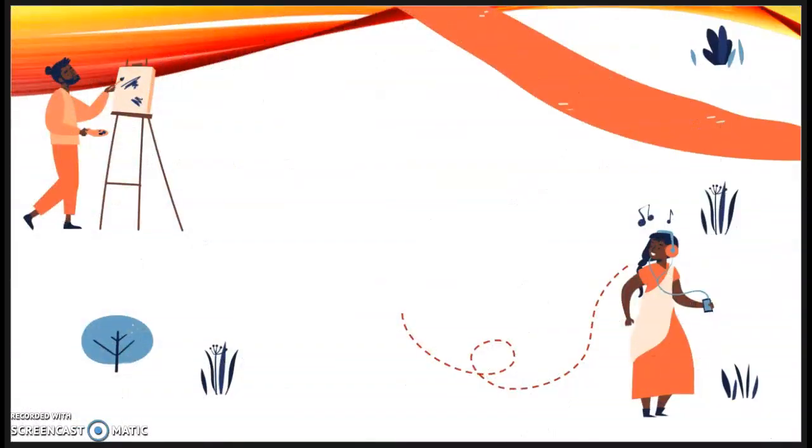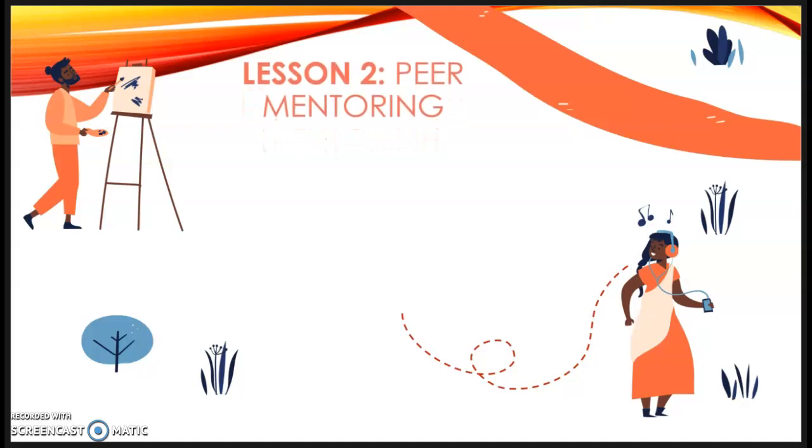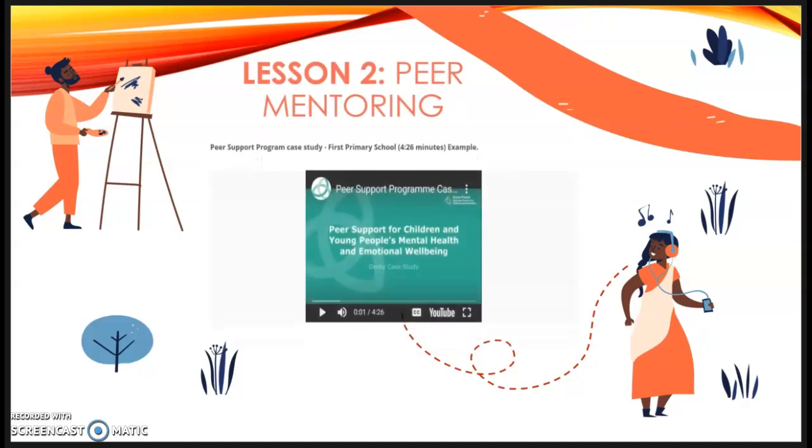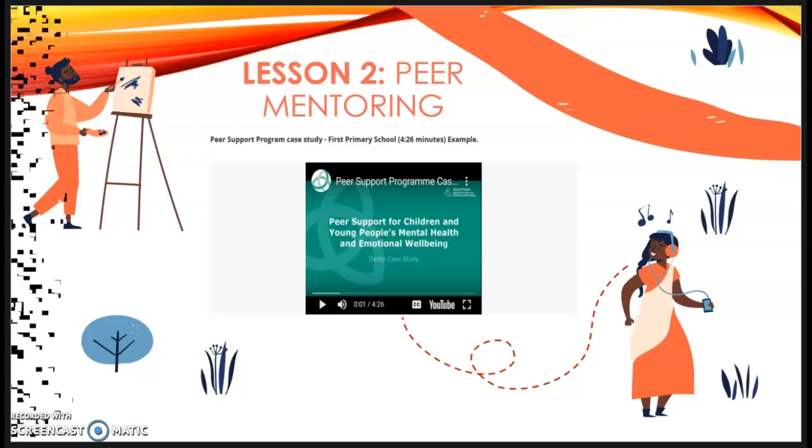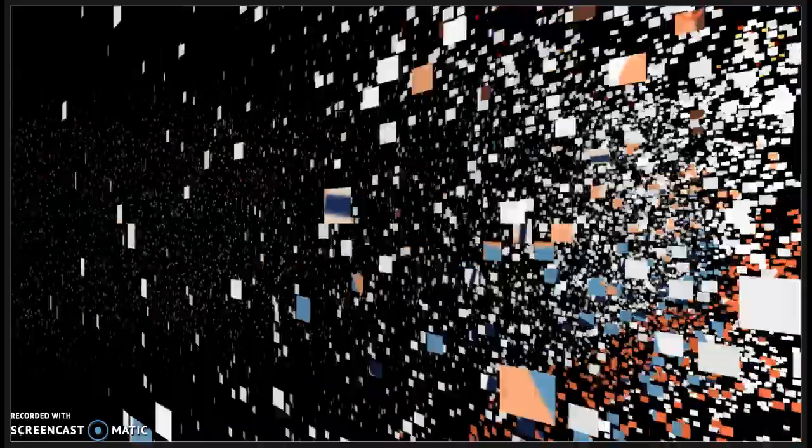As we move through week number 2, we will have the opportunity in lesson 2 for peer mentoring. There is a video, peer support program case study, first primary school, a 4-minute example of how to peer mentor children, especially when it comes to the assignment.